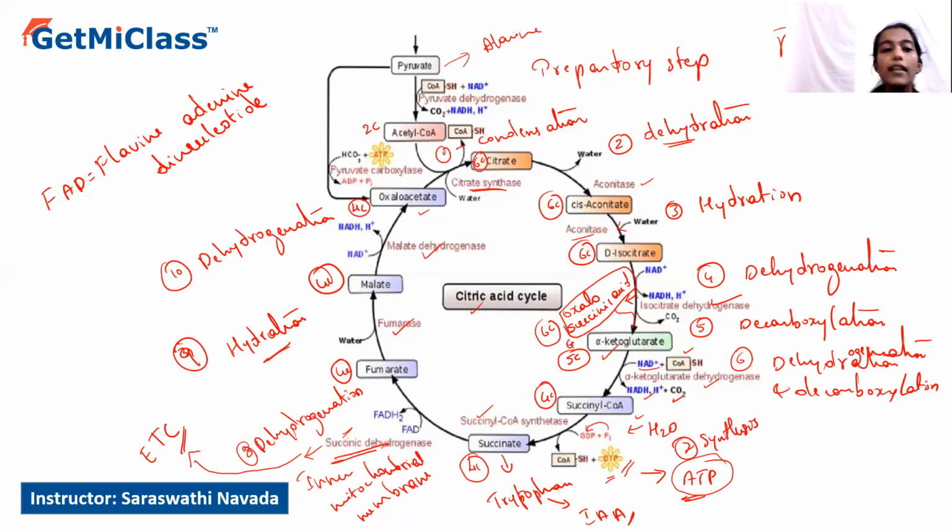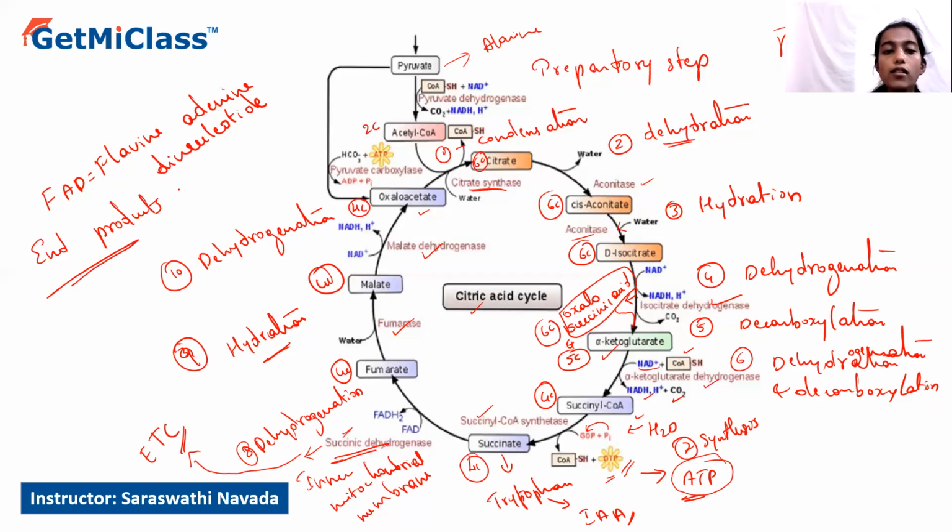And if we look at the end products of the Krebs cycle, this reaction is in terms of one molecule of pyruvic acid. Here, 2 molecules of pyruvic acid are formed as a result of glycolysis. All the products that are formed per cycle have to be calculated twice here, because the Krebs cycle will be operating 2 times for 1 molecule of glucose.